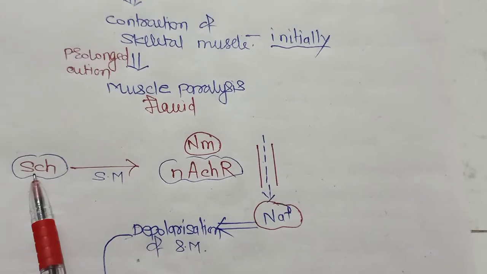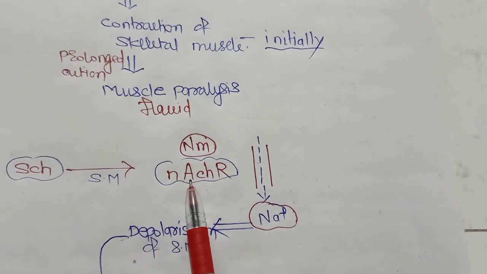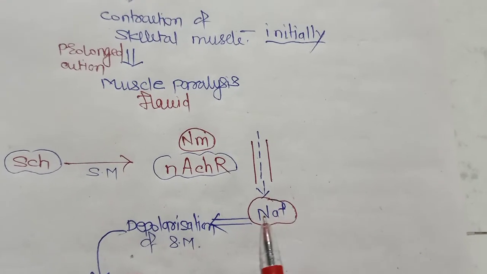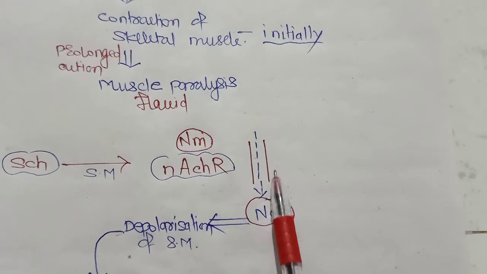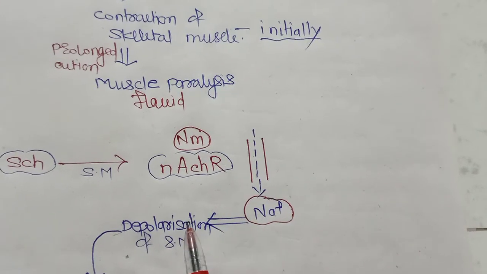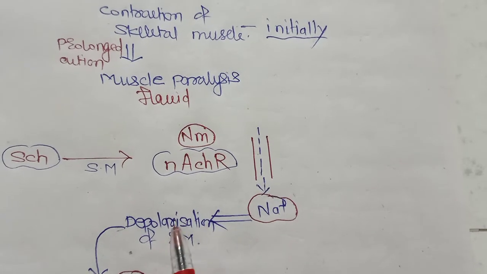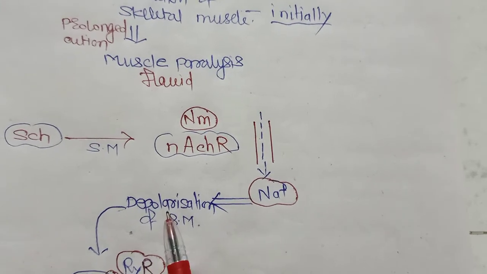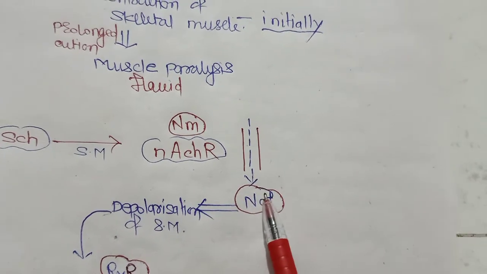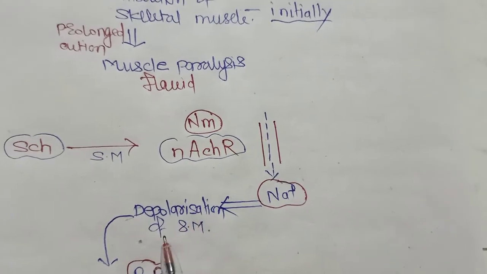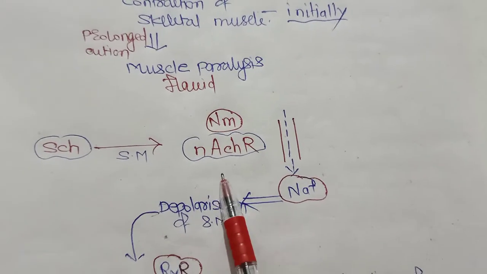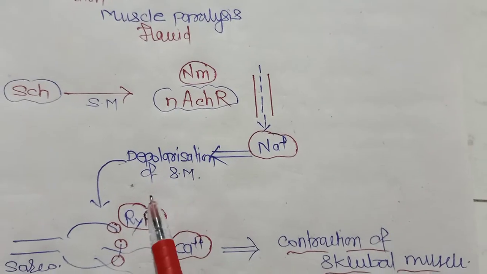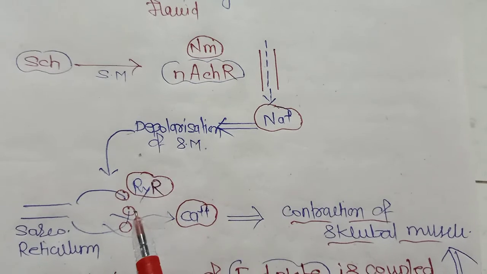So what happens when succinylcholine binds to this NM type of receptor? There is an influx of sodium ions, and because of that there is a depolarization of the skeletal muscle membrane. Because of depolarization, what happens?